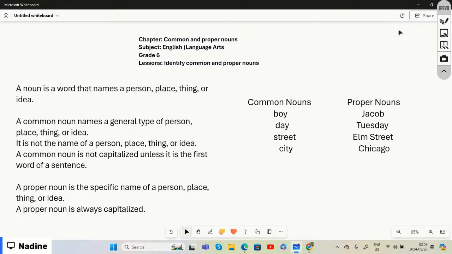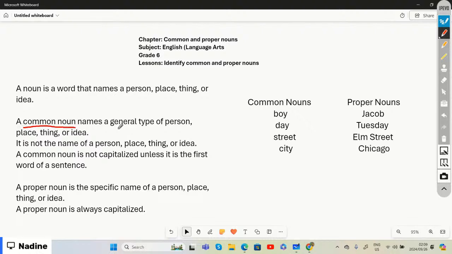So when it comes to our common nouns, a common noun names a general type of idea, a general type of person, a general type of place, a general type of thing, or, like I said, an idea, right?